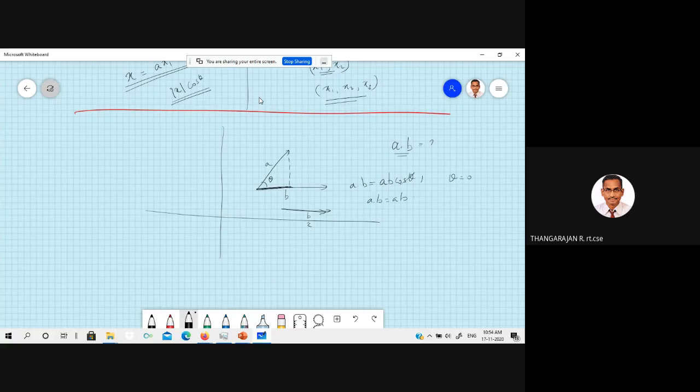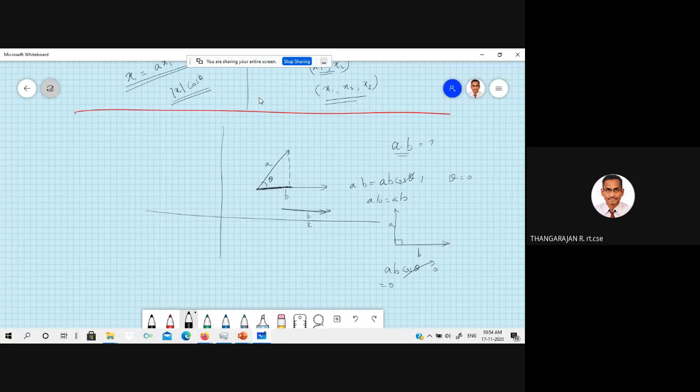Right. If the angle is 90 degrees, what happens in that case? So this is B, and this is A, and the angle between them is 90. Now we take the dot product AB cos theta. Theta is 90, so cos theta becomes 0, and therefore the dot product is 0.